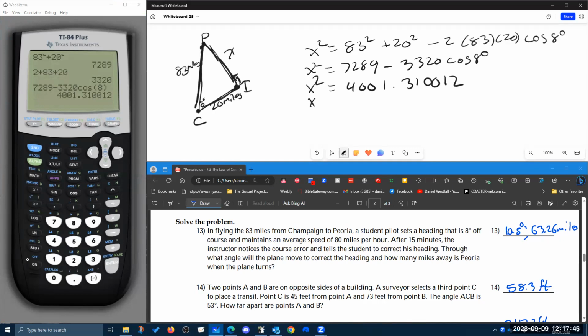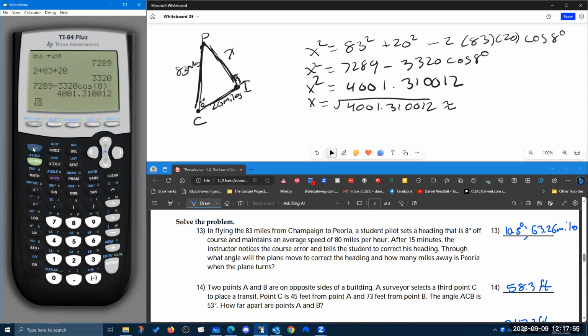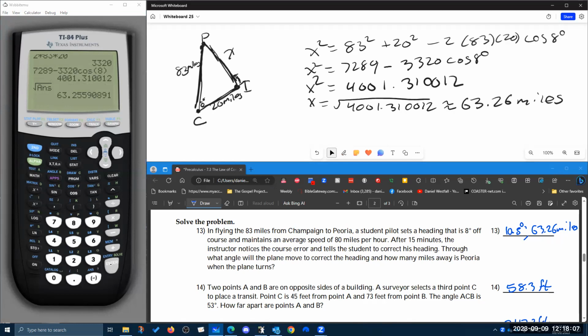So x is equal to the square root of this, which is approximately 63.26 miles. Now that I have that distance, I can use the law of sines to find angle I.